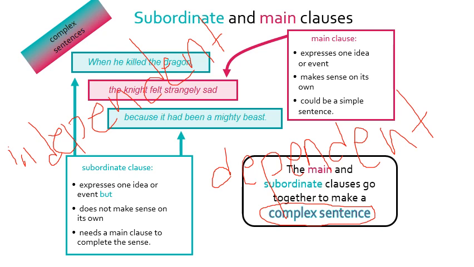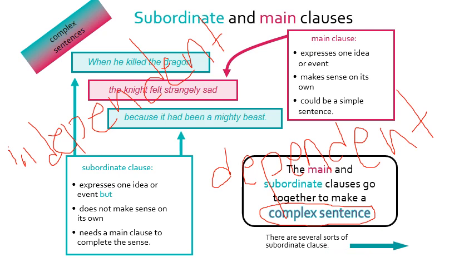But if it doesn't make sense on its own, it is dependent. Or in other words, ask yourself, does this sentence need extra information to explain the sense or the meaning? If no, it's independent. But if yes, if it needs other information or another sentence, it is called dependent.